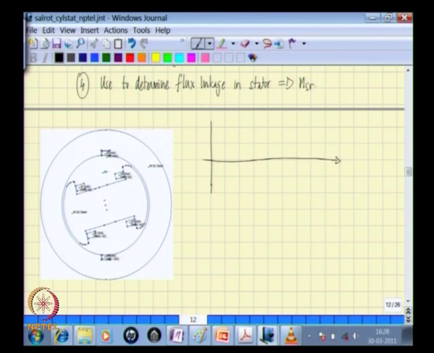around the air gap. So the angle as you traverse around the air gap, let us denote by alpha, and the flux density waveform is drawn like this. Zero. So you have a certain maximum value B hat, and this value is minus B hat.